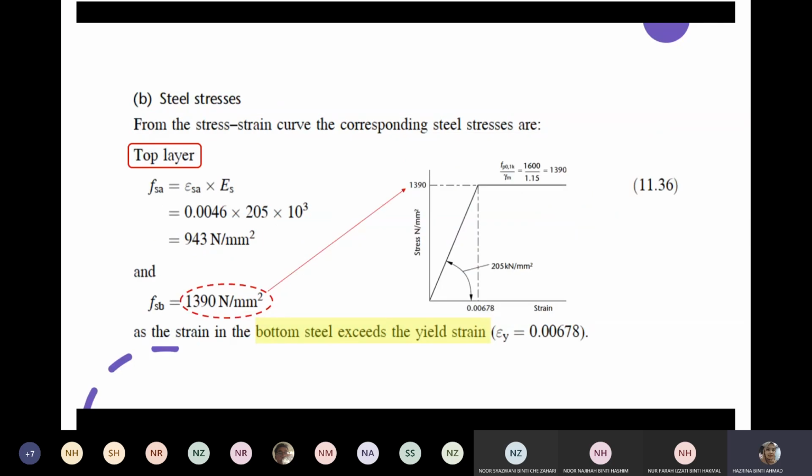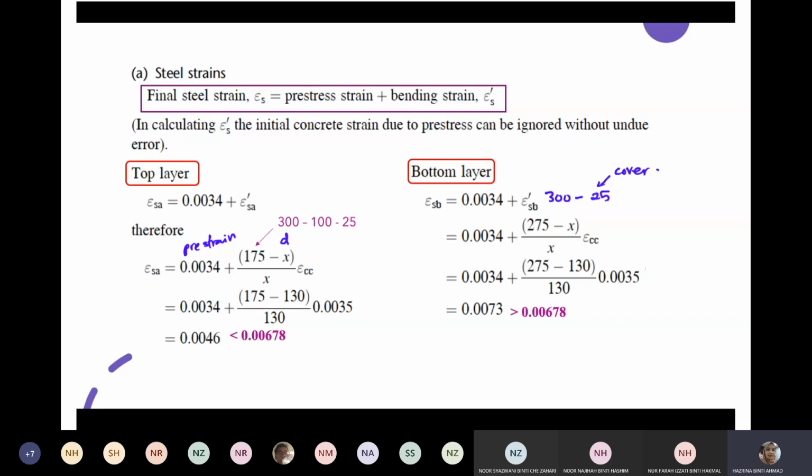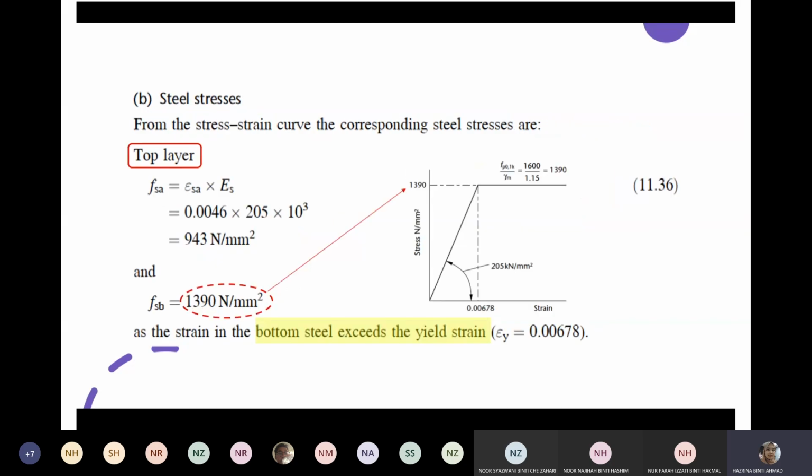So the steel stresses that we are going to obtain for the top layer, we will be using the strain that we have calculated earlier, which is lesser than 0.00678. So here we have 0.0046 times 205 times 10 to the power of 3.